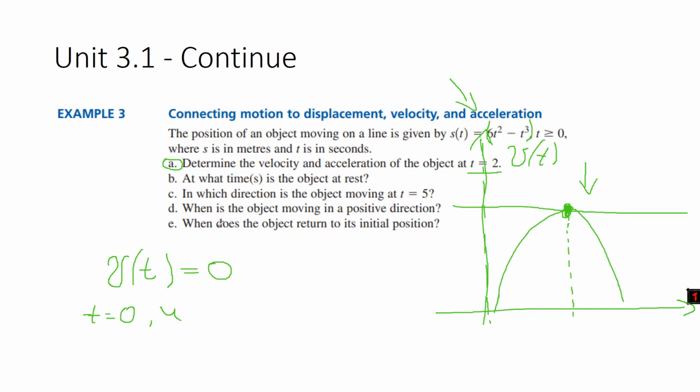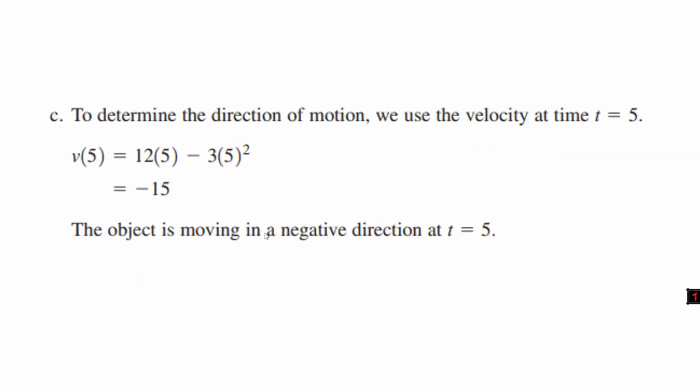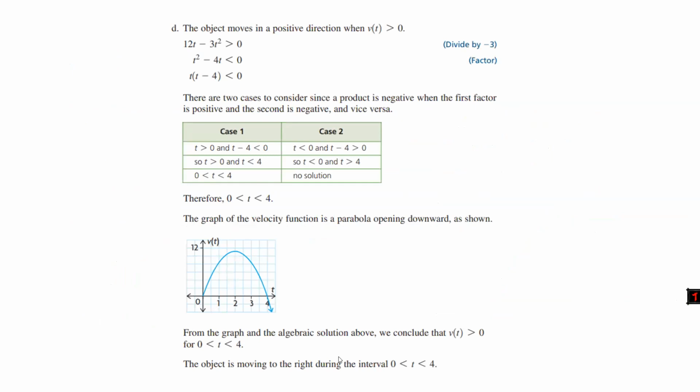So let's see what they suggest in the solution. Here is the reasoning they provide. Basically, yes, another way to solve it: the object moves in the positive direction when velocity is still positive. That's basically another way to approach this.